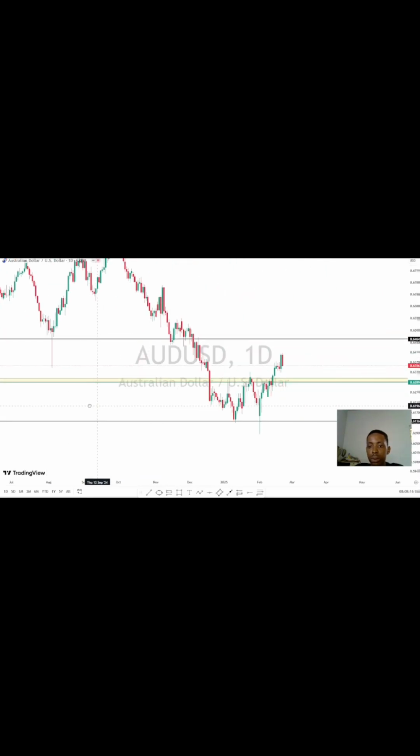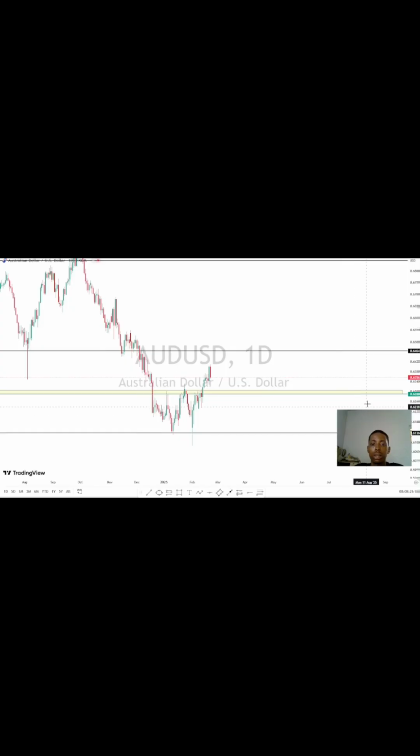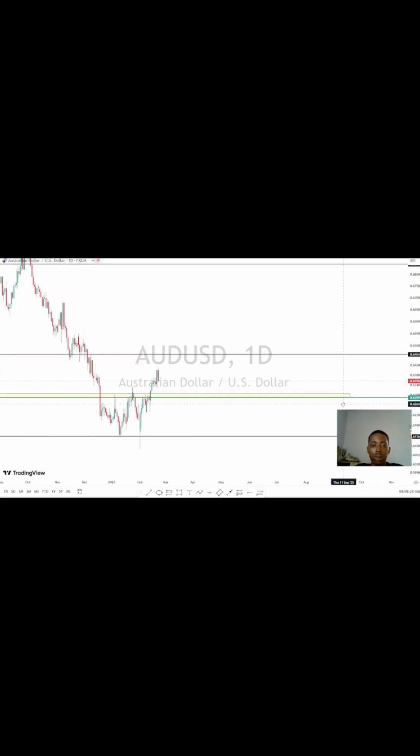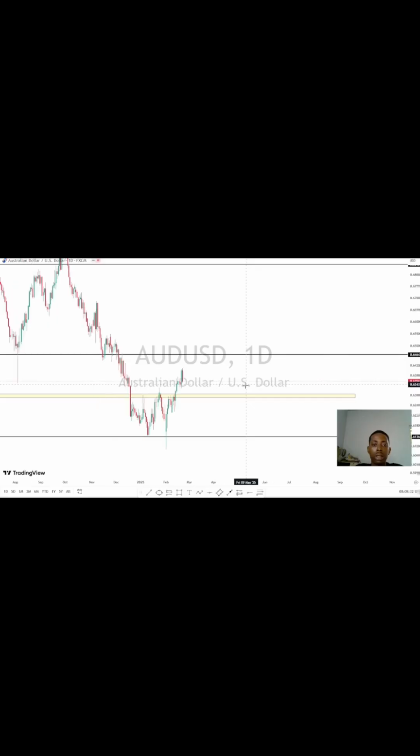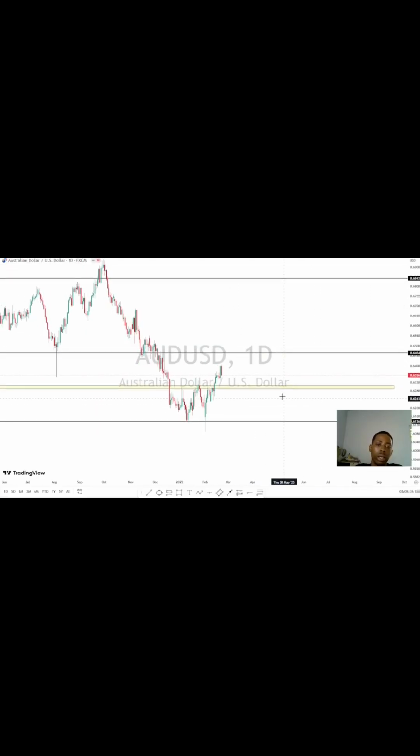So I've zoomed. That is it, guys. What I do on the daily is that after I zone it, I'll try to know if it corresponds with my Fibonacci levels.